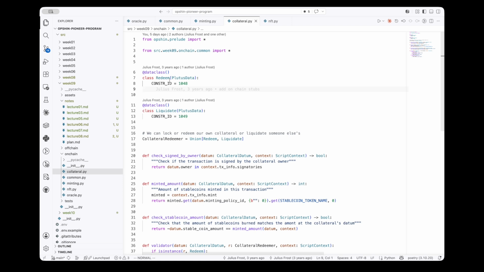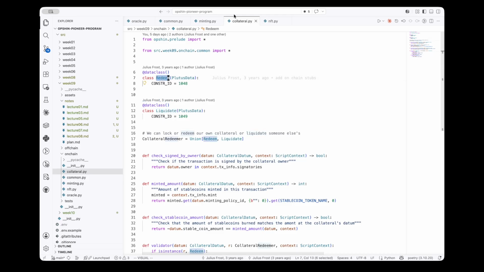So this redeem corresponds to the burning action in the minting policy, the case where you want to redeem back your collateral. And liquidate is exactly the liquidation as we also had it in the minting policy.